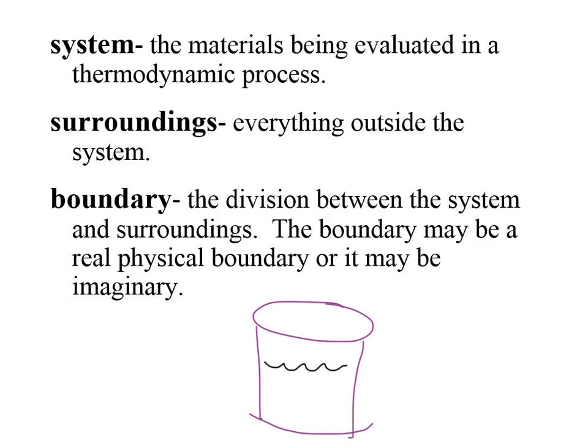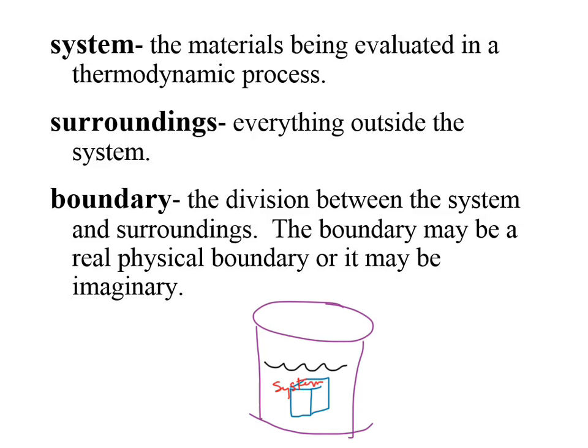This is my proverbial beaker, and I put a liquid in my beaker. Oftentimes, this is our system of interest. So the system is the thing that you're looking at. In tomorrow's lab, I'm going to throw in a block of metal. So my system is basically contained by my beaker.